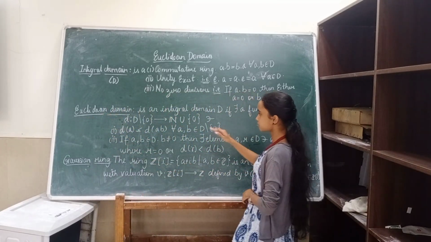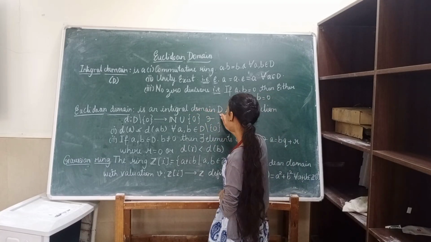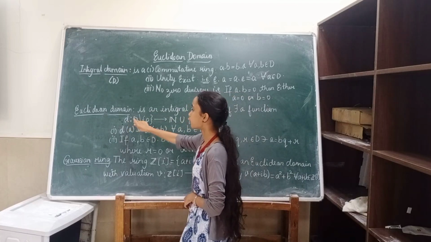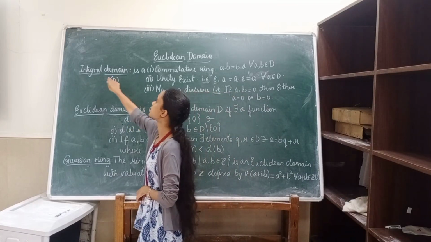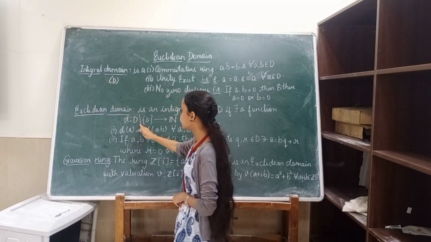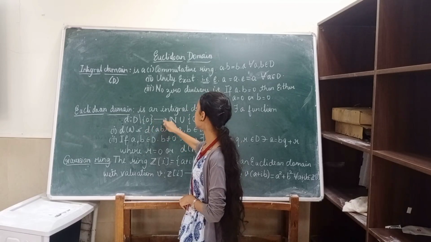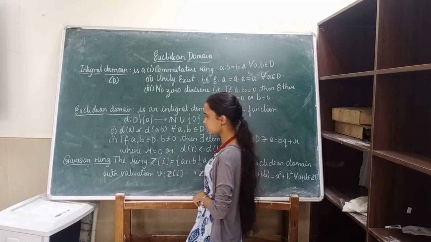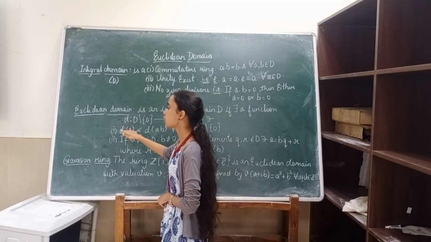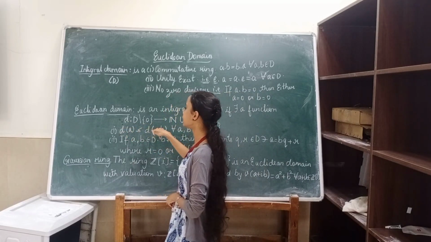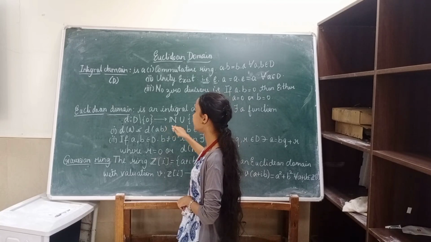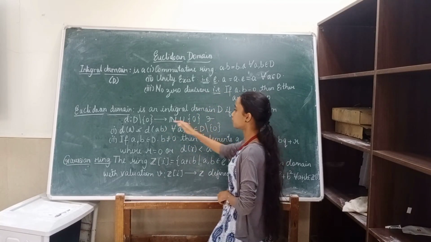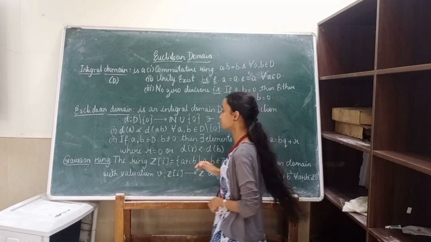So a Euclidean domain is basically an integral domain D if there exists a function E from D minus the singleton 0 to the natural numbers union the singleton 0 set, such that E(A) is less than or equal to E(AB) for all A, B in D minus singleton 0.